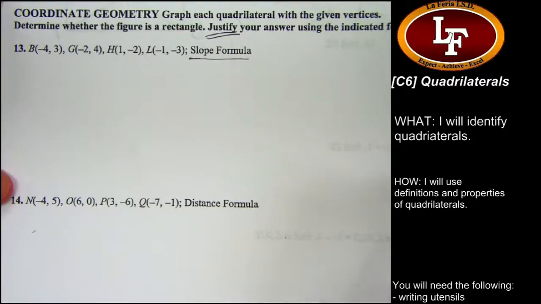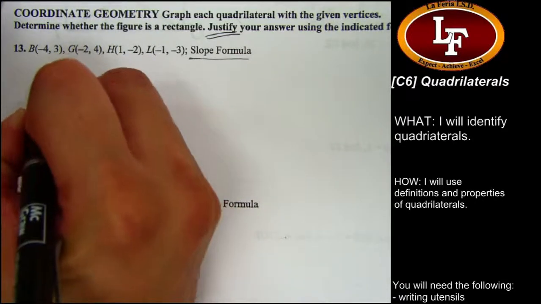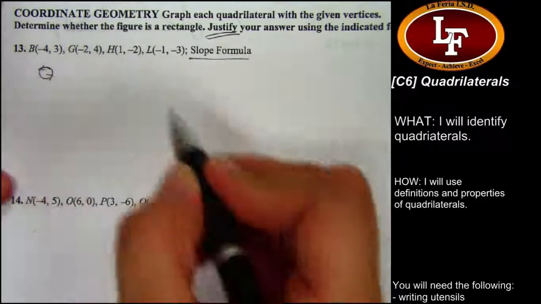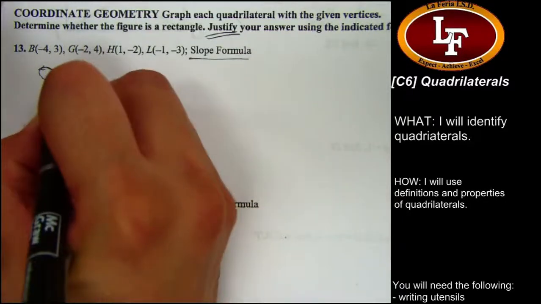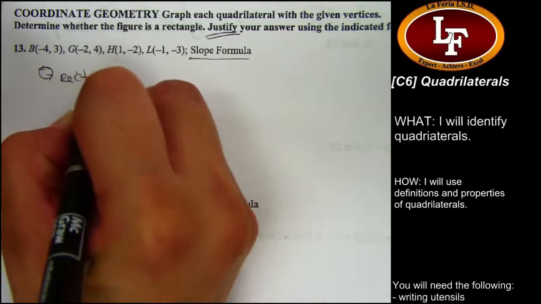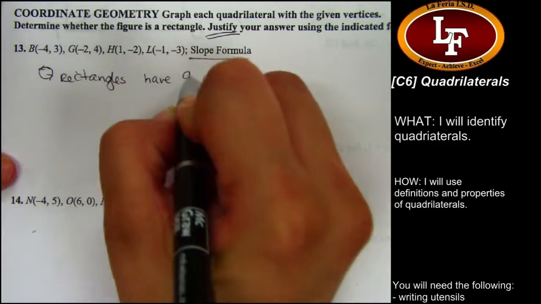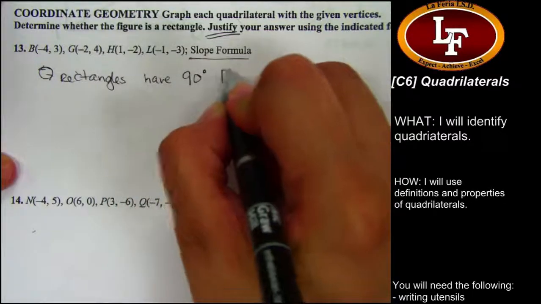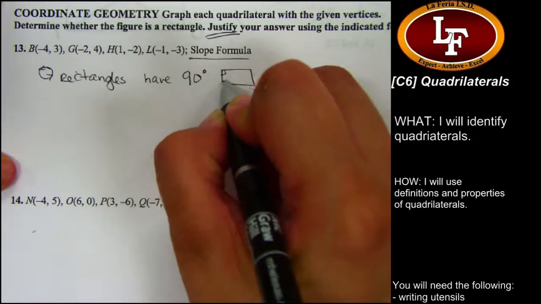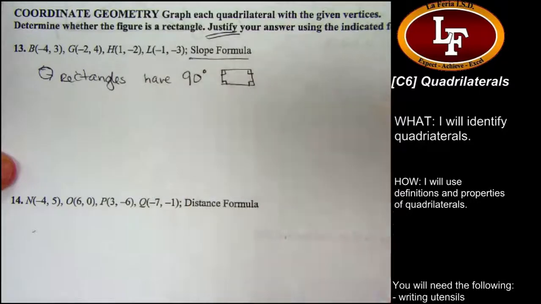So a couple things that you need to recall, and this is from your notes. The first thing to recall is that rectangles have 90-degree angles, and those 90-degree angles happen between consecutive sides.